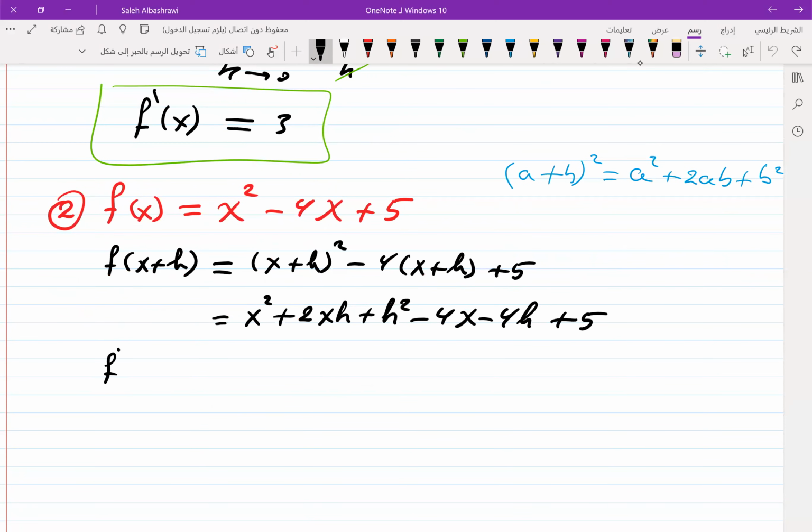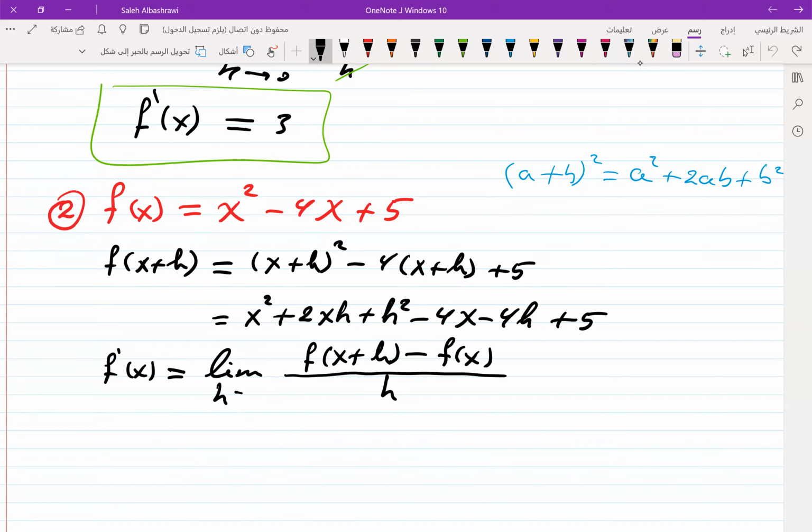F prime of x is equal to the limit of f of x plus h minus f of x divided by h, where h goes to 0.